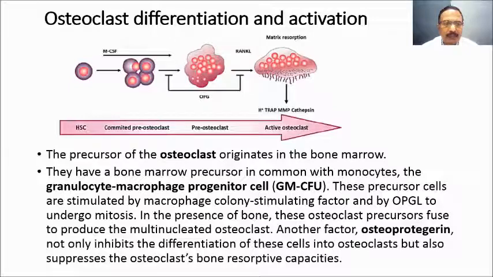This precursor cell is stimulated by the macrophage colony stimulating factor and by RANK ligand to undergo mitosis and later they fuse to form these large cells like this. So that is how they develop, not from the mesenchymal cells, but from the bone marrow by the influence of some factors.